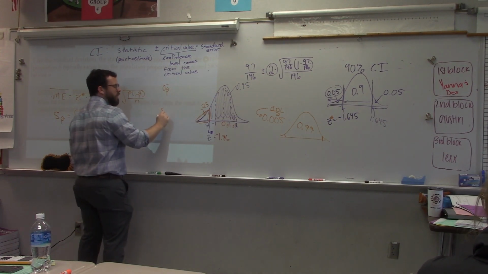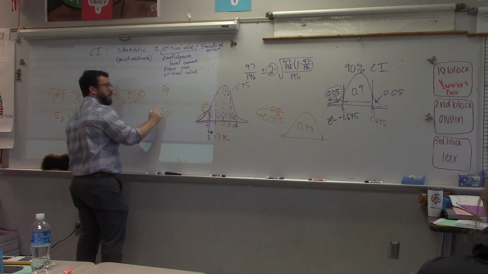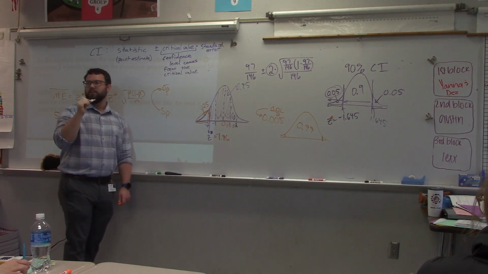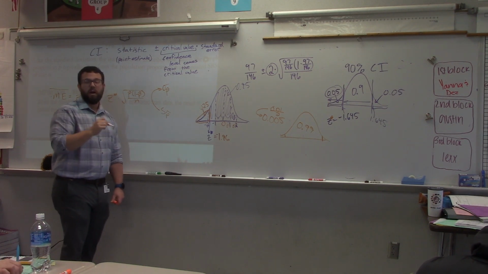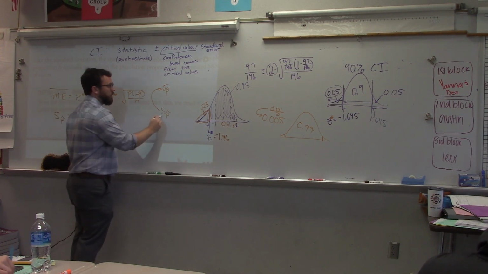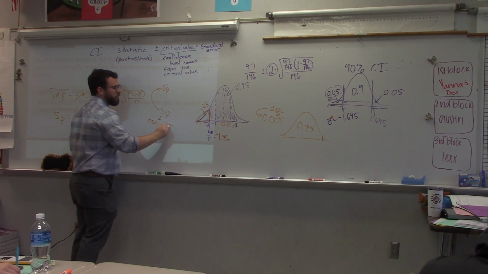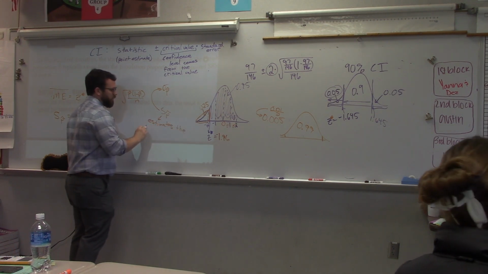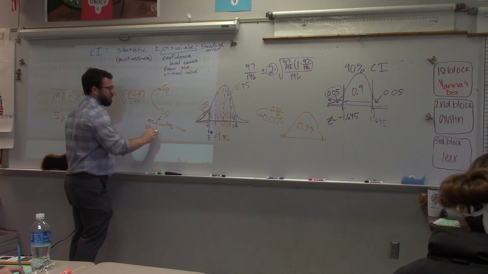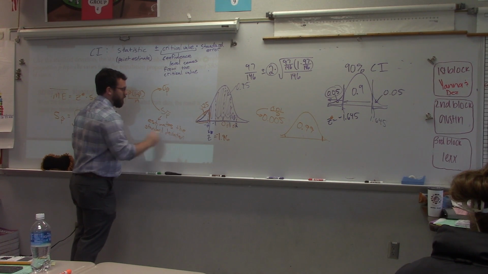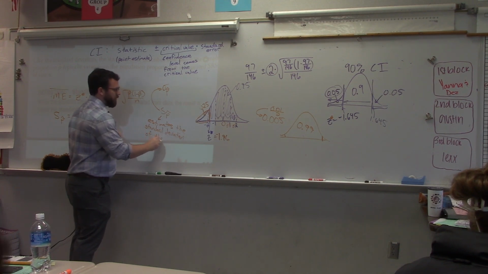So what is this estimating? It is estimating the standard deviation of the sampling distribution of p hat, right? We need to be clear on this, that standard error estimates the standard deviation of the sampling distribution.